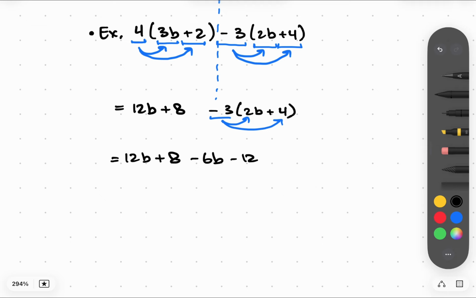So usually the question will say expand and simplify. Even if it doesn't say simplify, I think by default you'll just try to do it. And the best way to do this is by making sure that you have these terms all sorted next to each other. So I would start with the first one here, which is 12b, and I would just write that down first. Then I'll cross that off to remind myself that I already wrote that down.